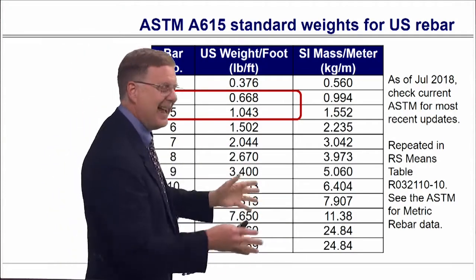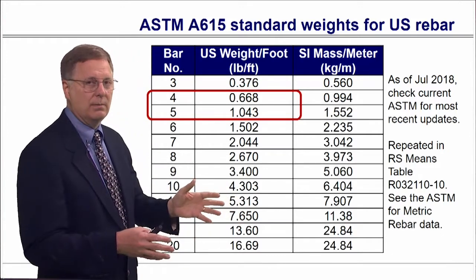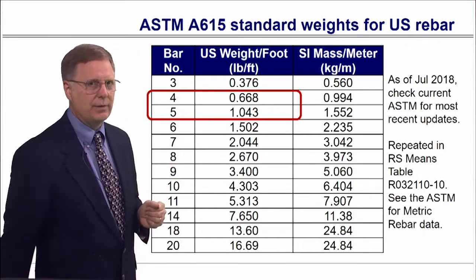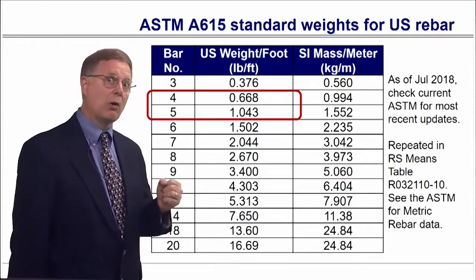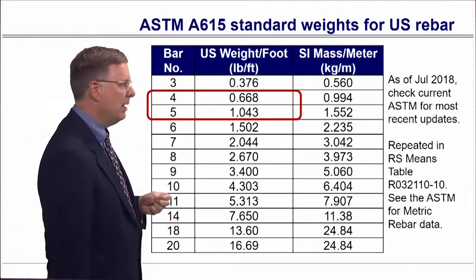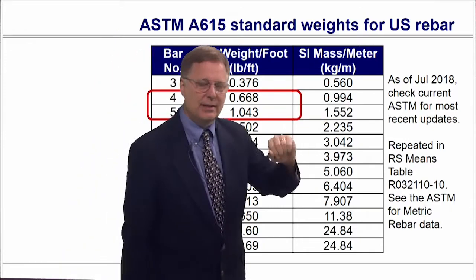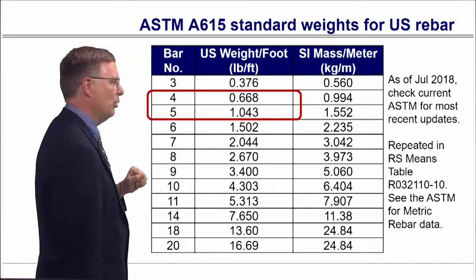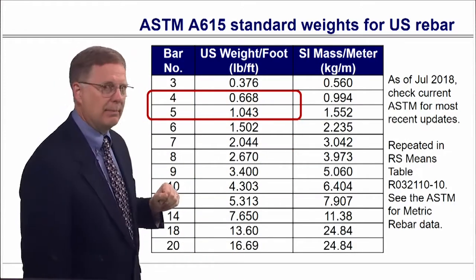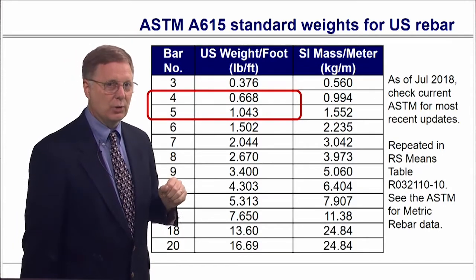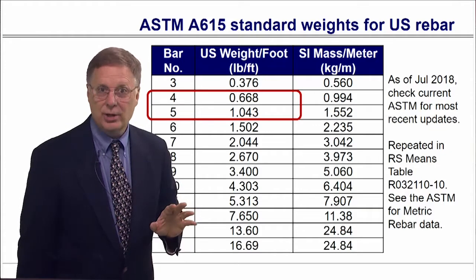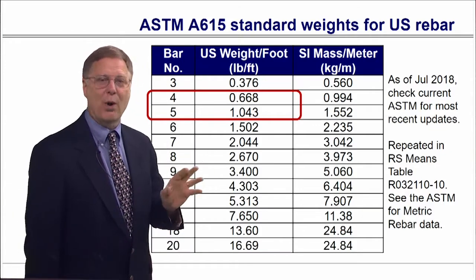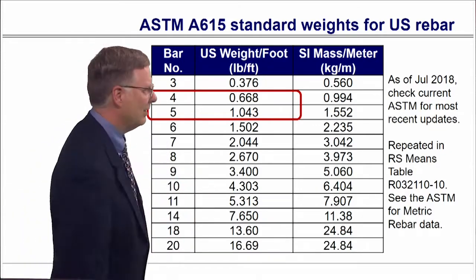This is actually an ASTM, and it really doesn't change from year to year. It's not something that you're going to have to worry about tomorrow going out and getting a new update. But I do mention that it's dated 2018 is when the last one I pulled off. And by the way, the previous one that I was looking at was dated, I think, through 2010. They hadn't changed. Right? The number 4 bar doesn't change from year to year generally.